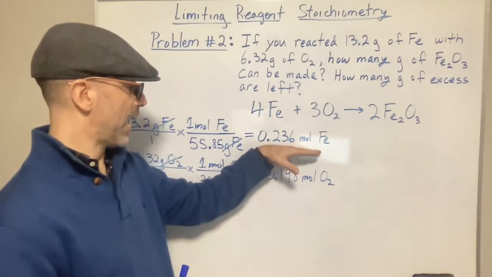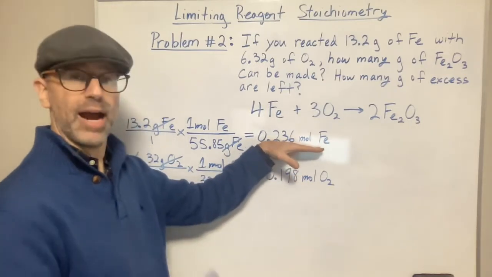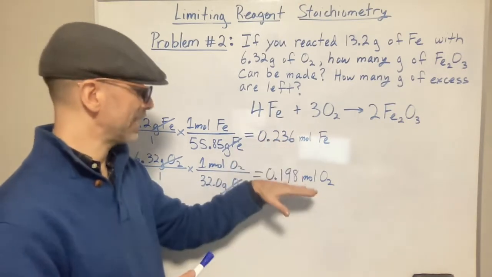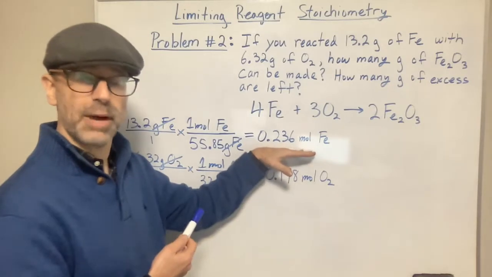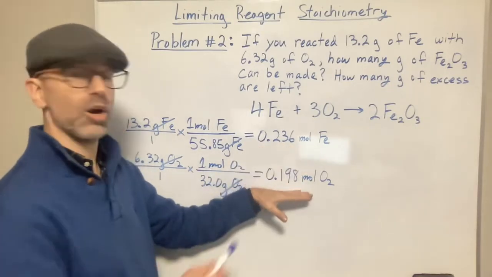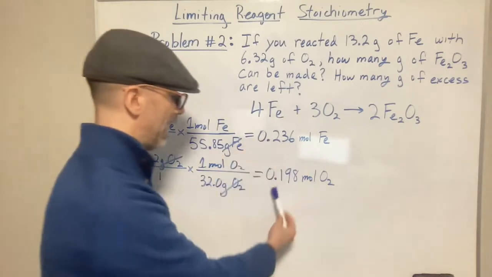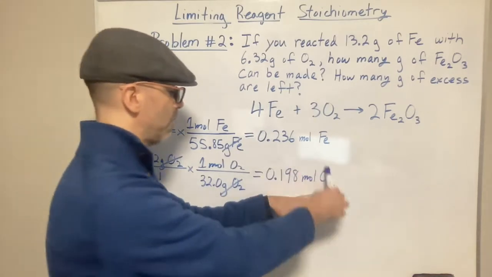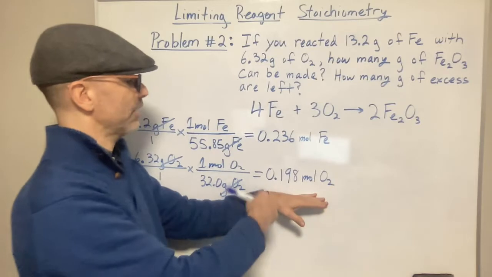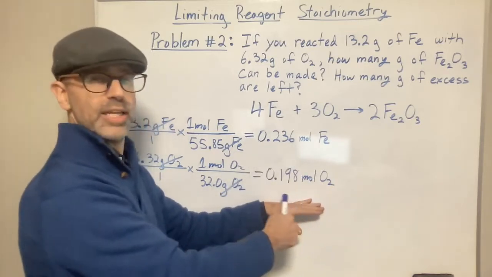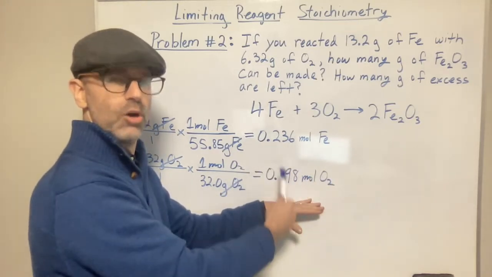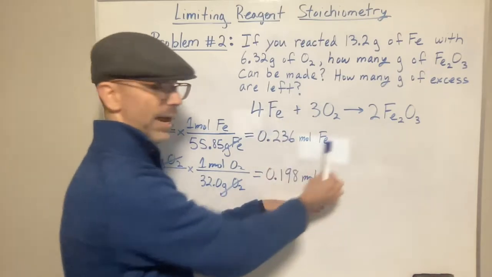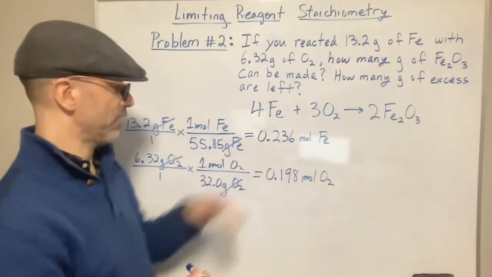I'm going to use the amount of iron I'm given to calculate the amount of oxygen I need to react with this amount of iron. And then I'm going to compare what I need to what I have. Now I could do that with oxygen too. I could convert this amount of oxygen to calculate the amount of iron I would need to react with the oxygen, and then compare that to what I have. But I'm going to just take the iron.